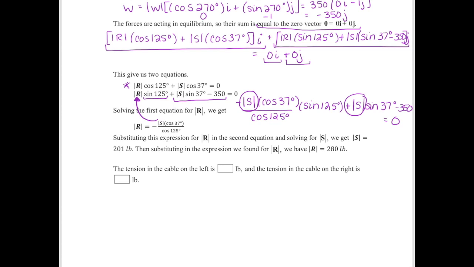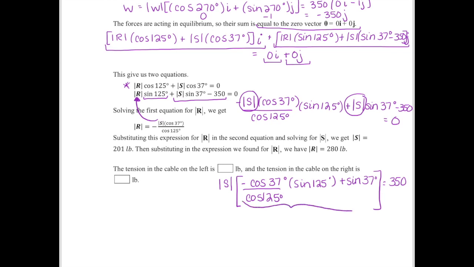So if I factor out the magnitude of S, I'm then left with negative cosine of 37 degrees over cosine of 125 degrees times sine of 125 degrees plus sine of 37 degrees equals 350.